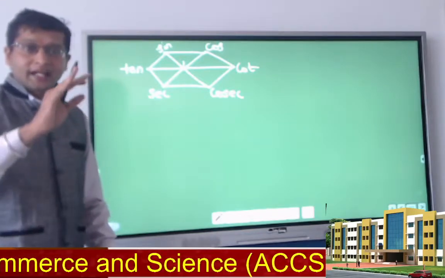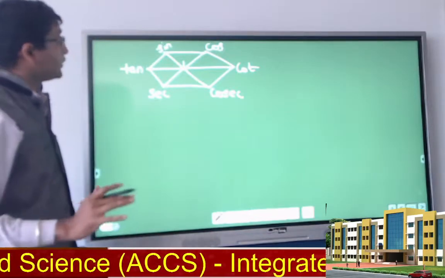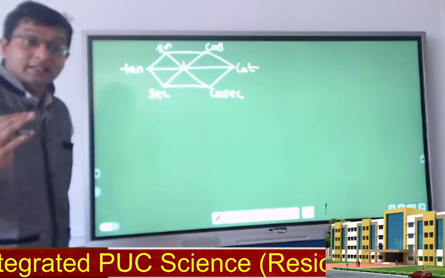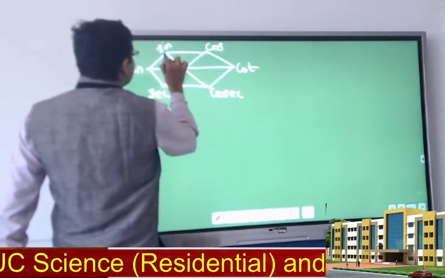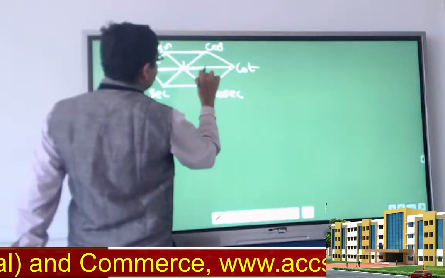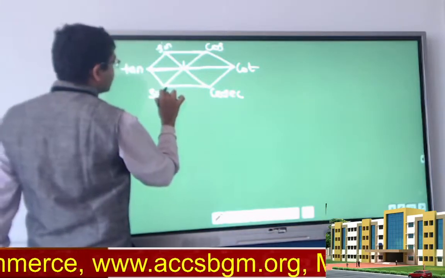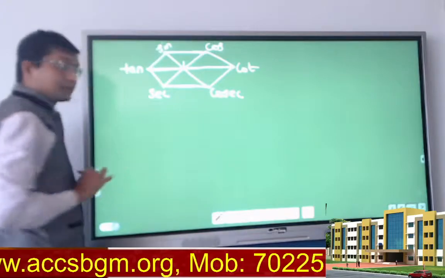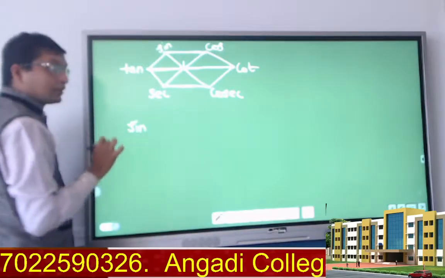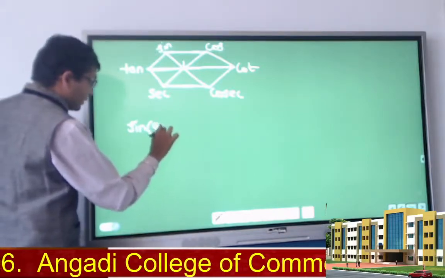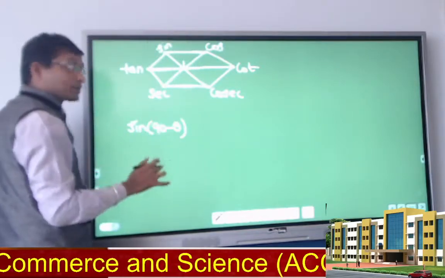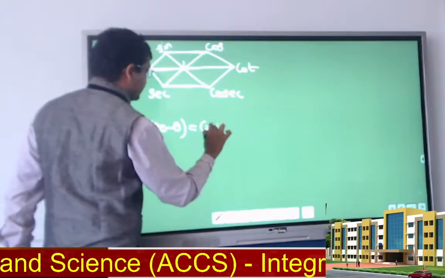So first I write the transformation formulas. Very simple. Here you can observe three parallel lines. The first parallel line is sine and cos, connecting them. The second one is tan and cot, connecting them. Next, sec and cosec, connecting them. So the first formula I write: sine of 90 degree minus theta is associated with cos, so it is cos theta.